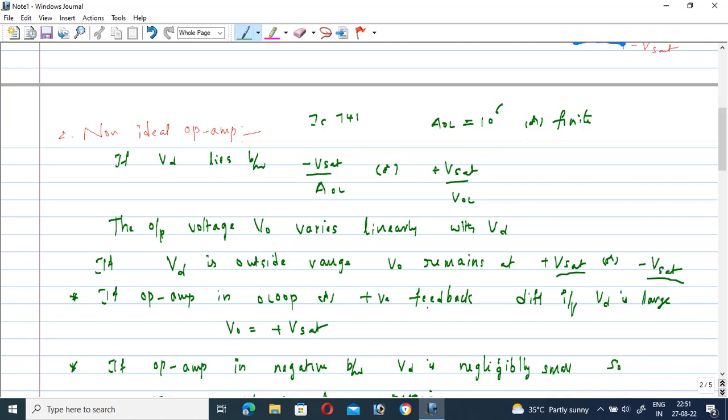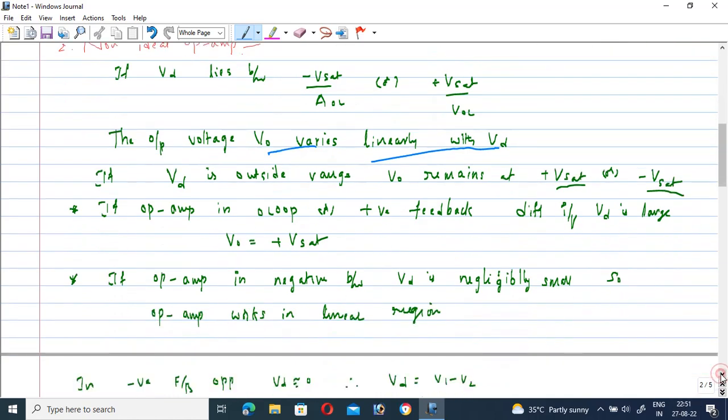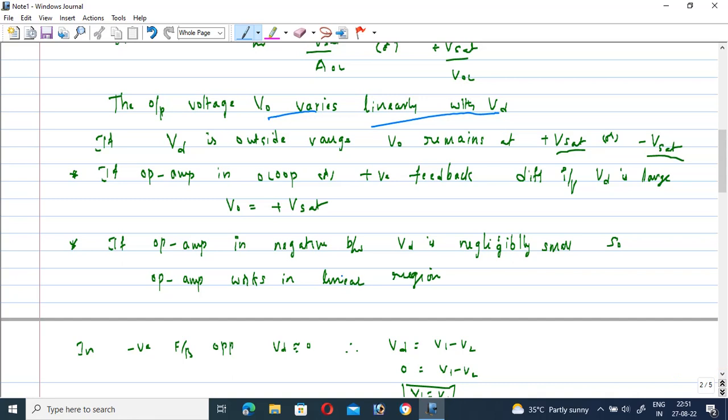Remains in the linear region. At that time this output voltage V0 varies linearly with Vd. Okay, so in case of the negative feedback, this difference voltage is very small, negligibly small, so the op amp works in the linear region.